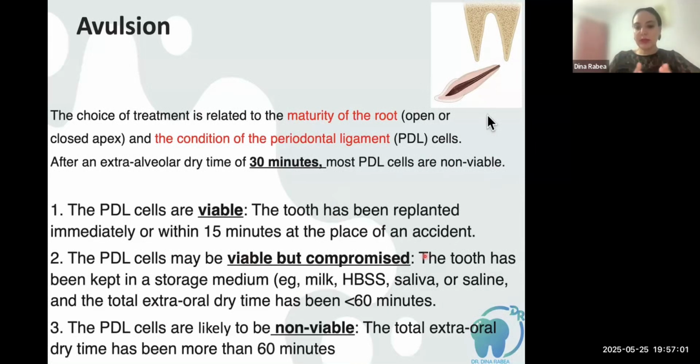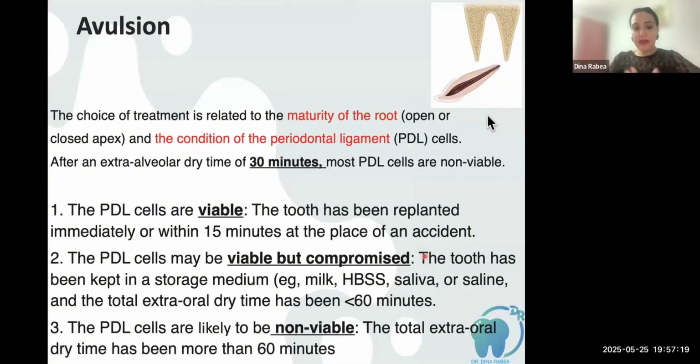After maybe less than 60 minutes, but after 15 to 20 minutes, if the tooth has been put into the media, most of the time in this case the PDL cells will be viable but compromised, not in their best health.